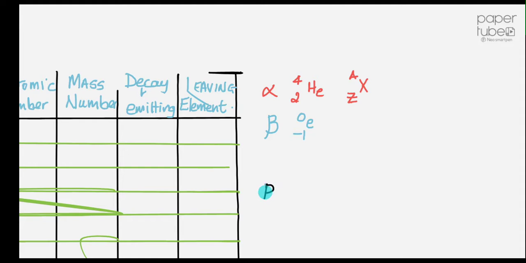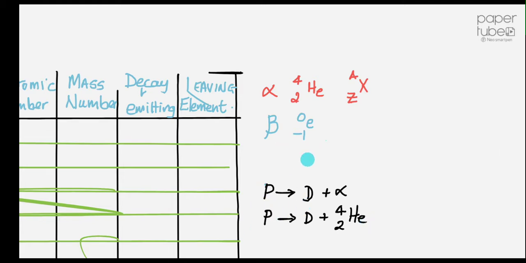If you're a parent and you decay because your proton to neutron ratio is unstable, you form a daughter plus an alpha particle. So the parent goes to the daughter plus an alpha particle. Nothing new there, we've done this before.